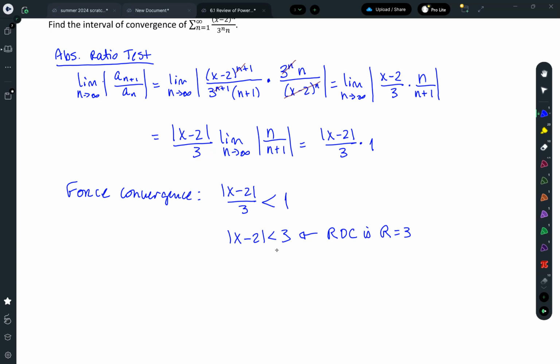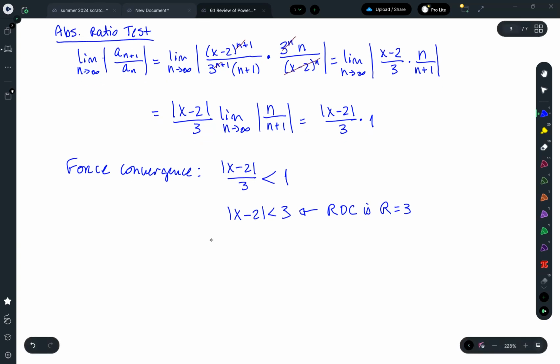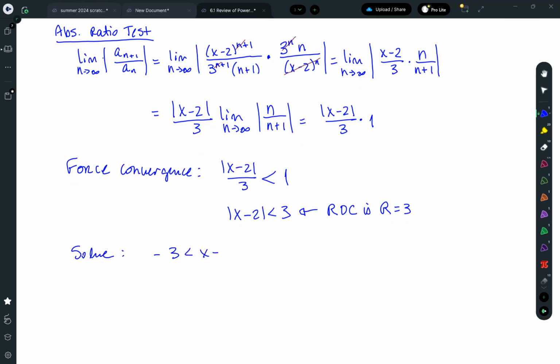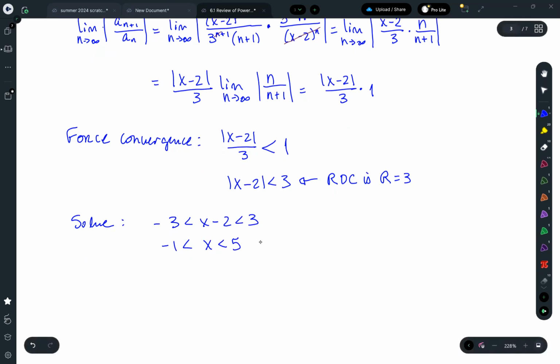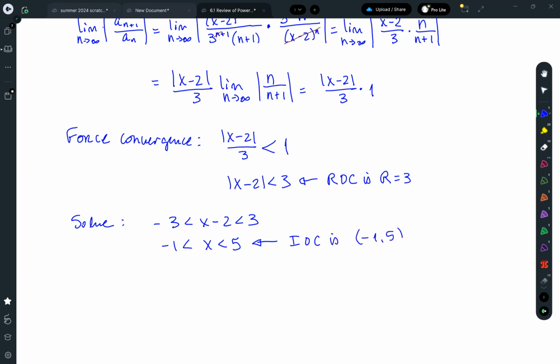And then I need to split this up into a compound inequality. So we're going to solve. So I get minus 3 is less than x minus 2 is less than 3. Add 2 to both sides. I get negative 1 is less than x is less than 5. And so this tells me that my interval of convergence is the interval from negative 1 to 5.